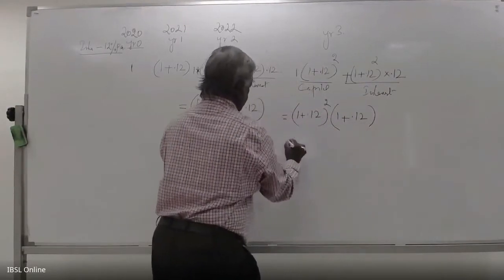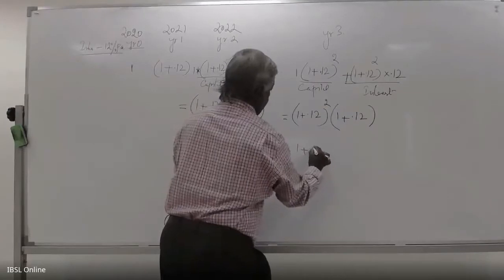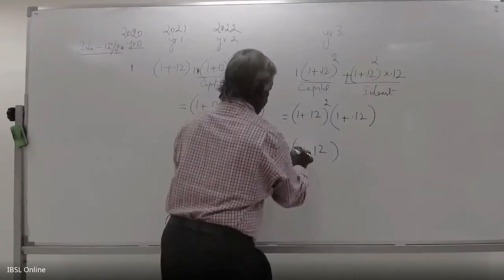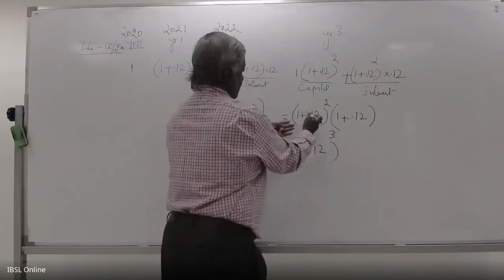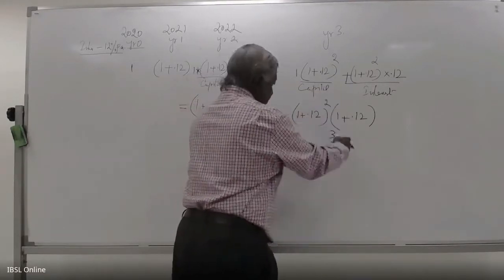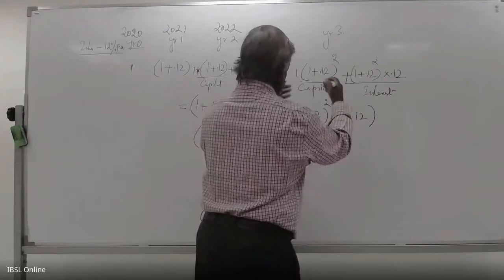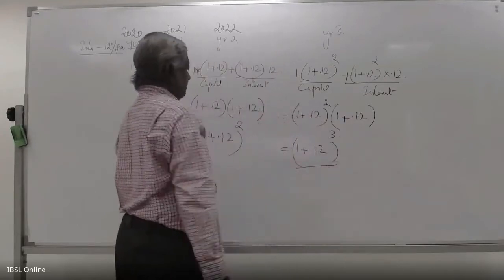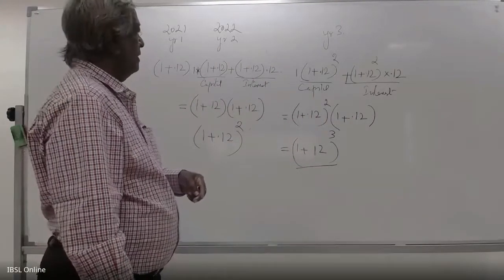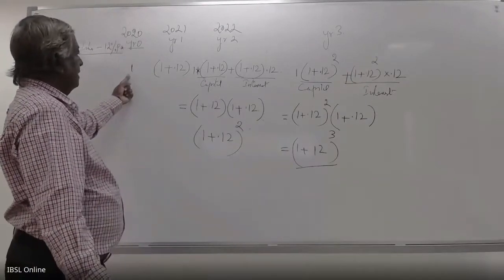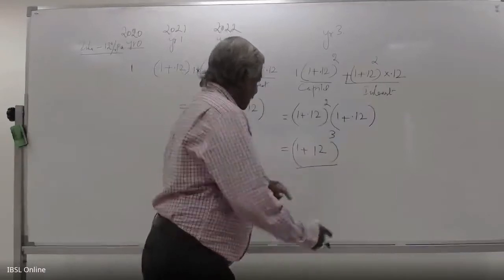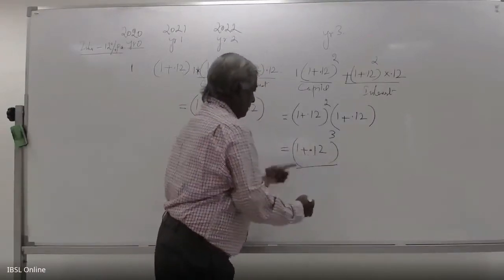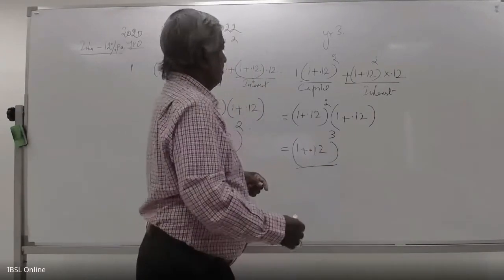So this is equal to 1 plus 0.12 to the power 3. 1 plus 0.12 to the power 2 into 1 plus 0.12. Third year, the value of the 1 rupee will be 1 plus 0.12 to the power 3.